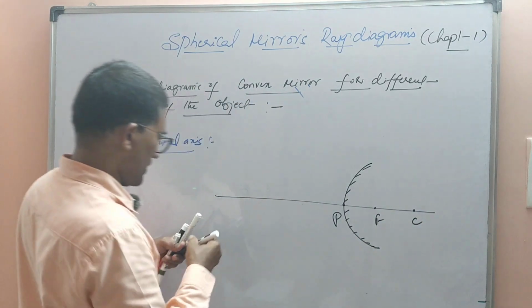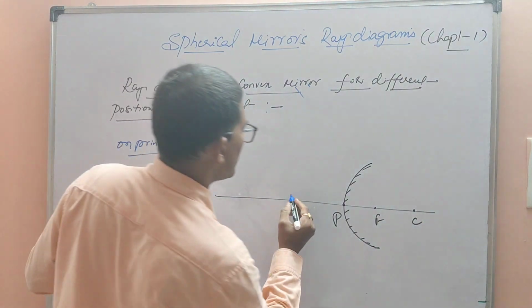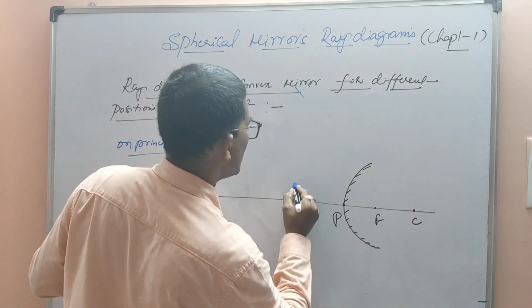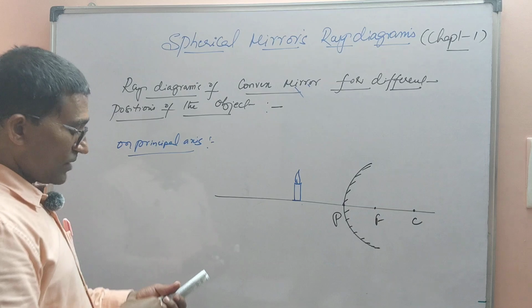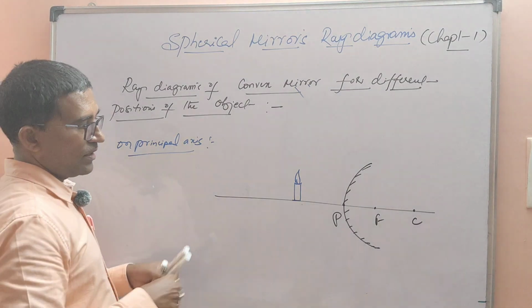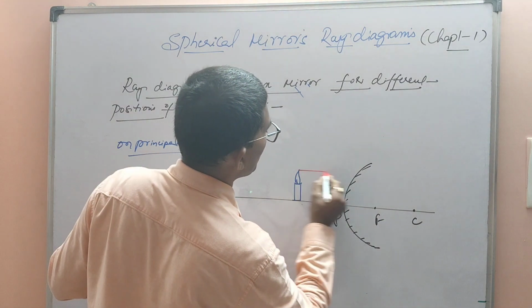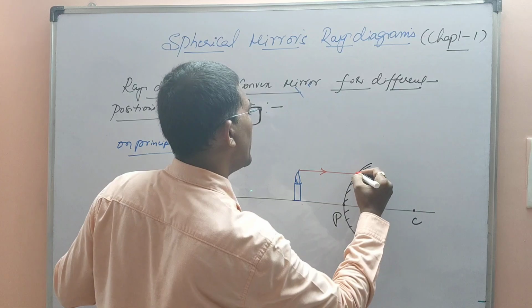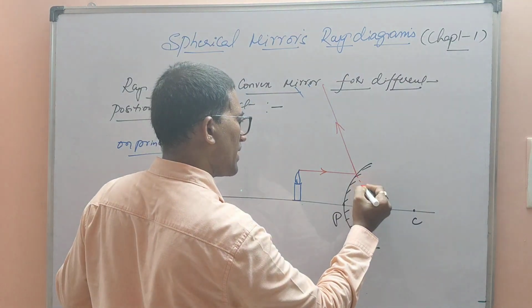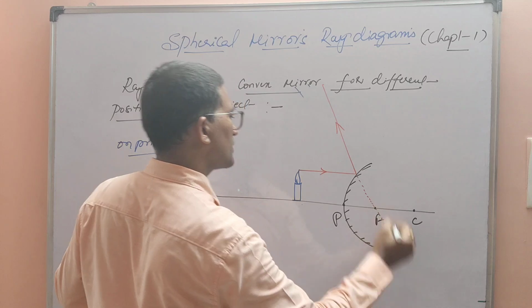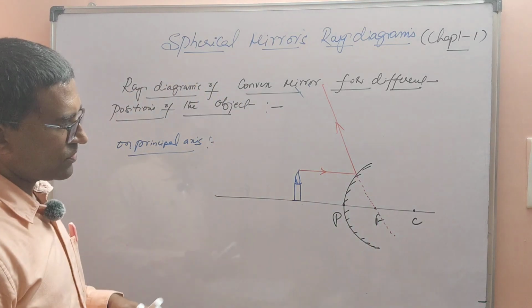Now the object is placed here. The incident ray is parallel to the principal axis, and it diverges. If I extend the divergent reflected ray back, it appears that it is coming from the focus.